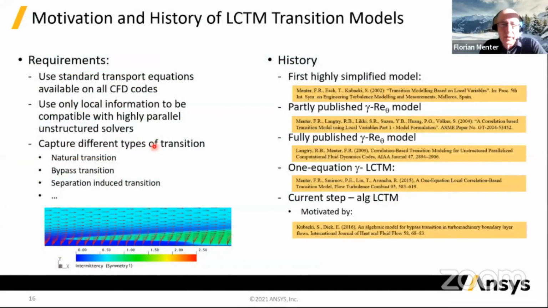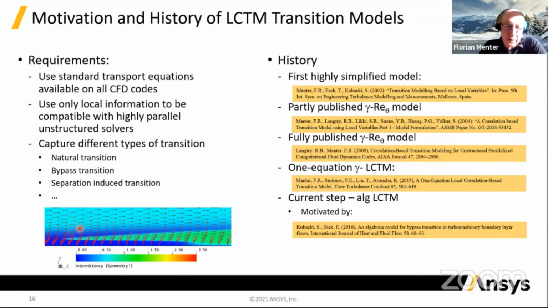Now, another topic we have continuously been working on for the last almost 20 years, now it's exactly 20 years by now, is transition modeling. Some of you are familiar with our work. We have introduced a concept that is called local correlation-based transition models.